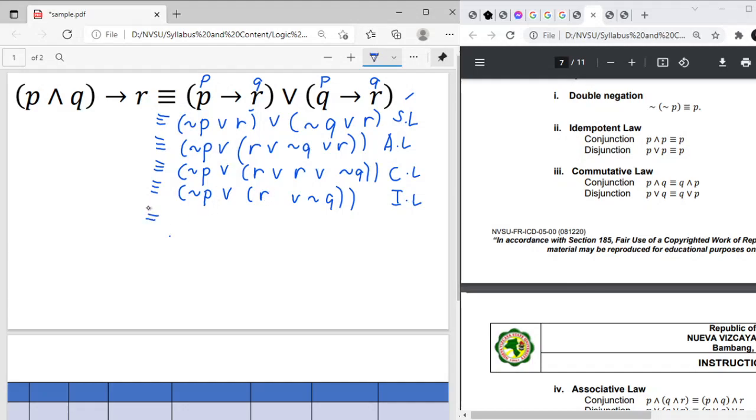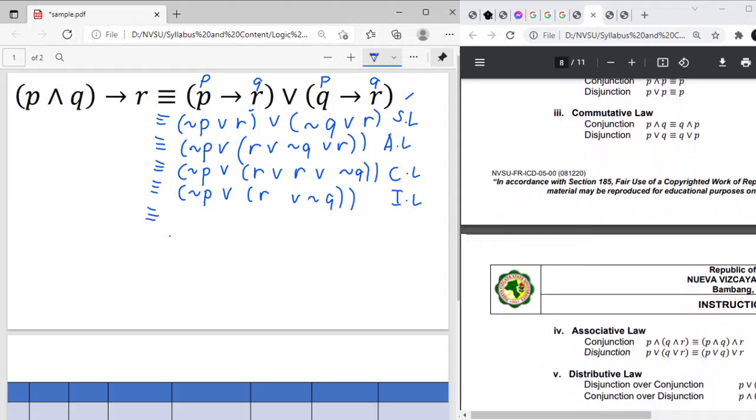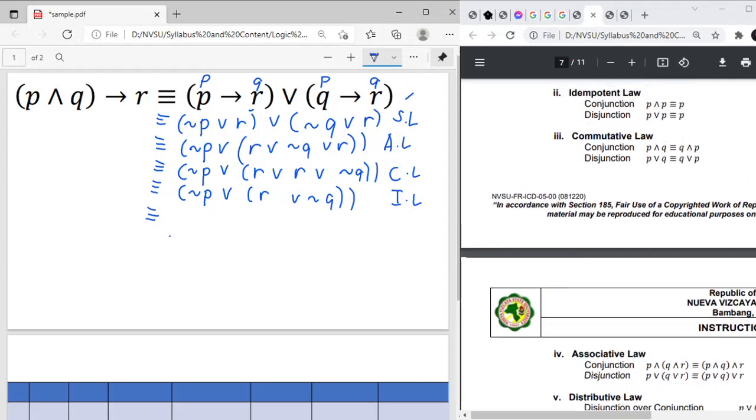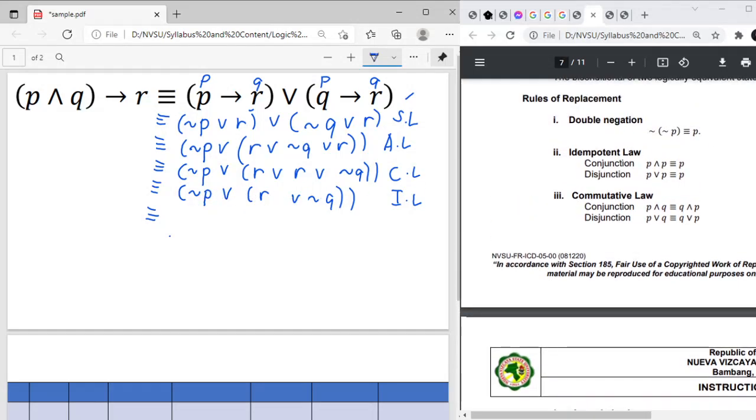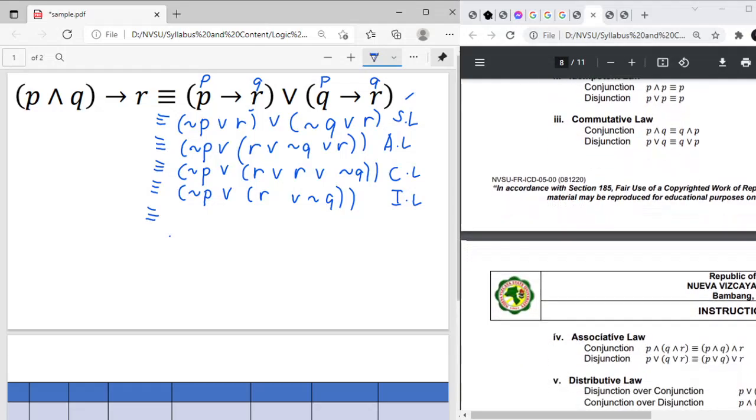Next, after natin yan, pwede nating pagsamahin yung mga statements natin, that is negate P or R or not Q. Again, tanggalin natin yung mga parentheses, or pagpalitin natin. Ang goal natin dyan is mapagsama yung not P or not Q. So, that is by order. Order is on commutative.